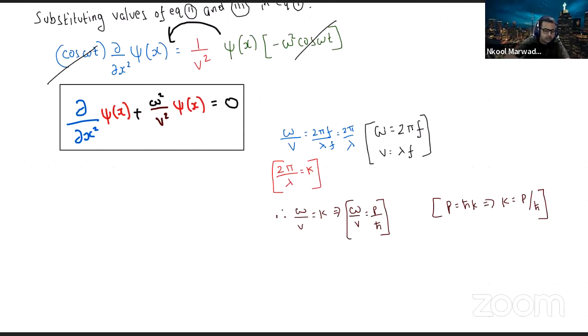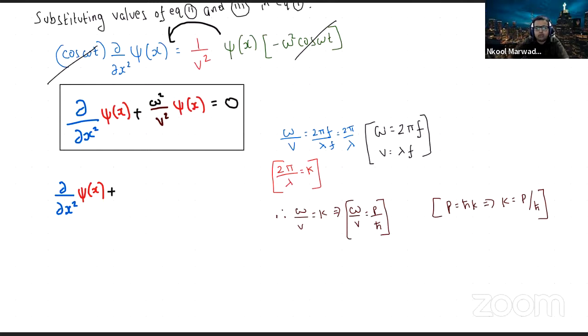So with this, instead of omega by v, I can write p by h cross. Let us do that. The second partial derivative of phi, and the calculation we did.